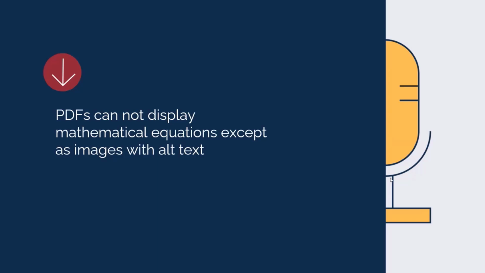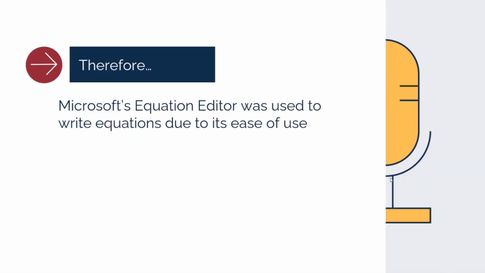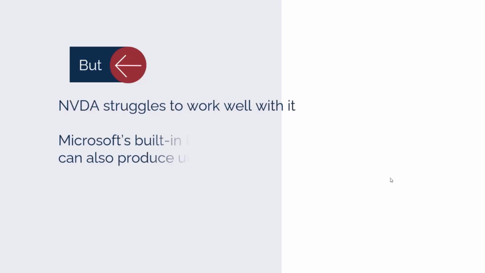Just doesn't have the notational flexibility. So therefore, we use Microsoft's equation editor, and it's quite easy to use for professors who are familiar with mathematical notation. But NVDA, the free screen reader, struggles to work well with it for very complicated reasons we won't get into, but essentially the interfaces don't talk well with one another.